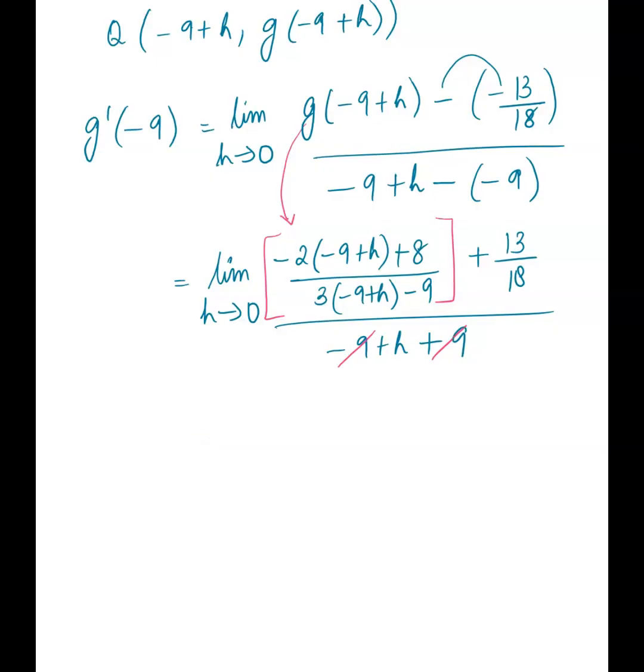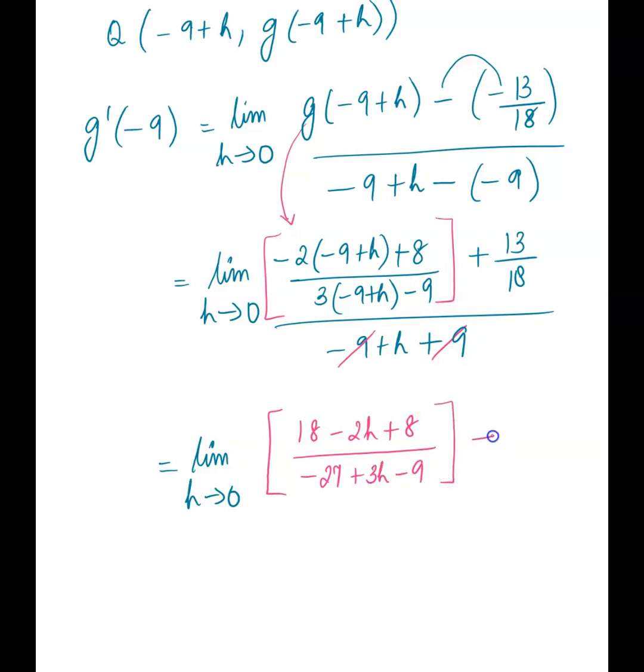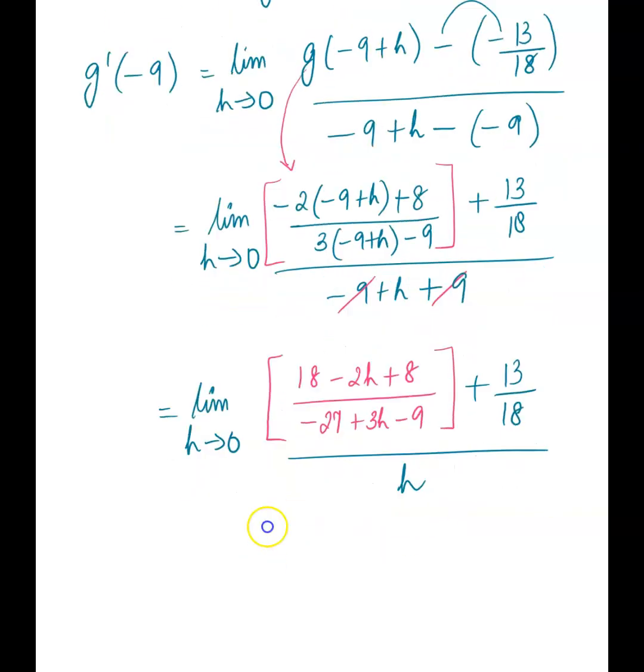Okay, we do have a complex fraction now. We have to watch carefully because it's a bigger expression than before. Distribute on the top. So that will be 18 minus 2h plus 8 over negative 27 plus 3h minus 9, plus 13 over 18, all over h.